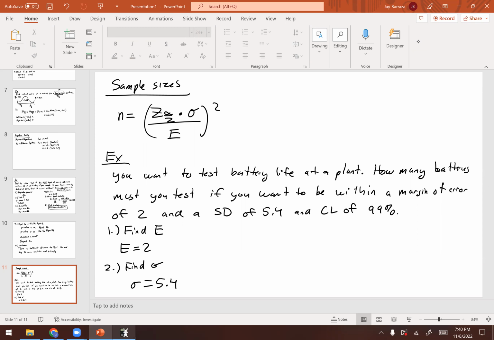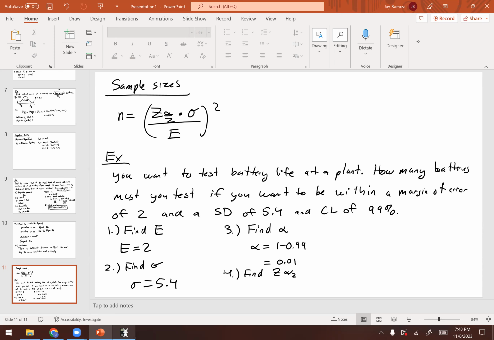Step 3, find alpha. Alpha equals 1 minus 0.99, which is 0.01. Step 4, find Z alpha over 2.